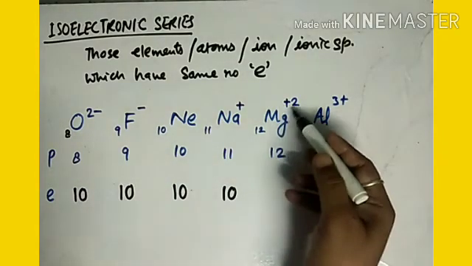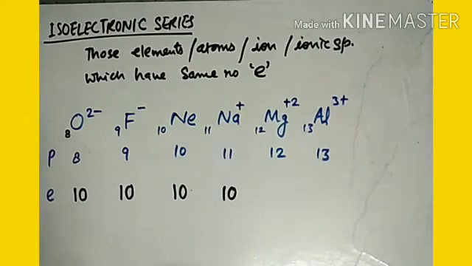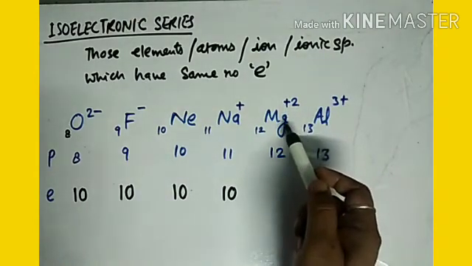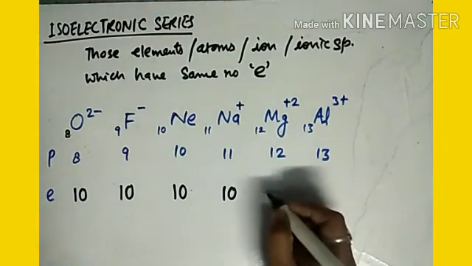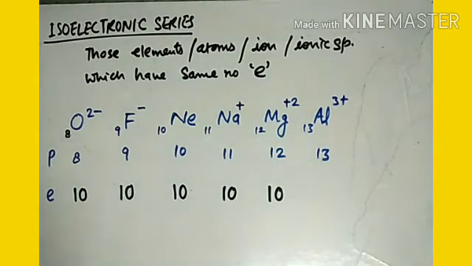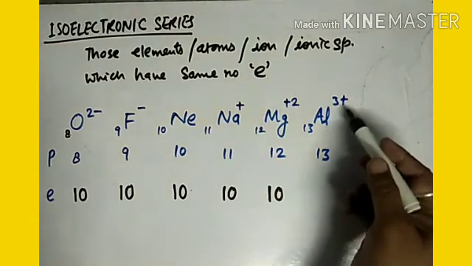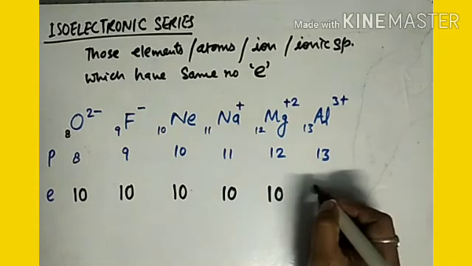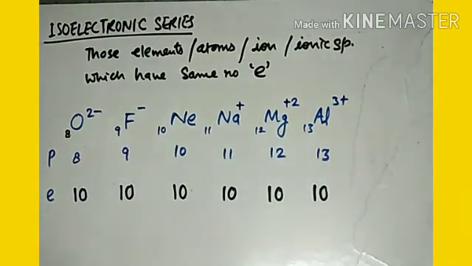In the case of magnesium, 2 electrons are removed, so the plus 2 charge is attained by magnesium, and obviously 10 electrons are there. In the case of aluminium, 3 electrons are removed from the outermost shell, so it also consists of 10 electrons. So this particular series is the isoelectronic series because it consists of the same number of electrons.